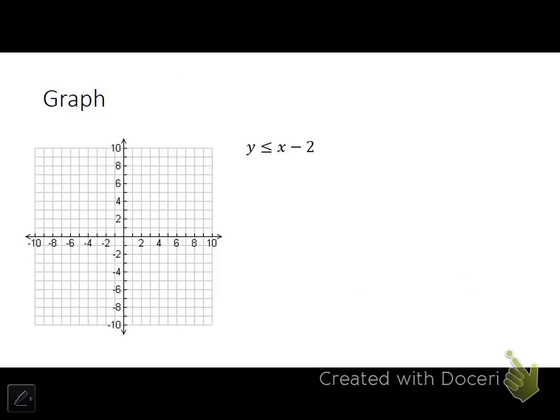Okay, let's graph this. So again, we can try to do y equals x minus 2 if you get confused with the inequality. We start at negative 2, go up 1 over 1, up 1 over 1, or I could go down 1 to the left 1. And just keep going all the way to the edge.